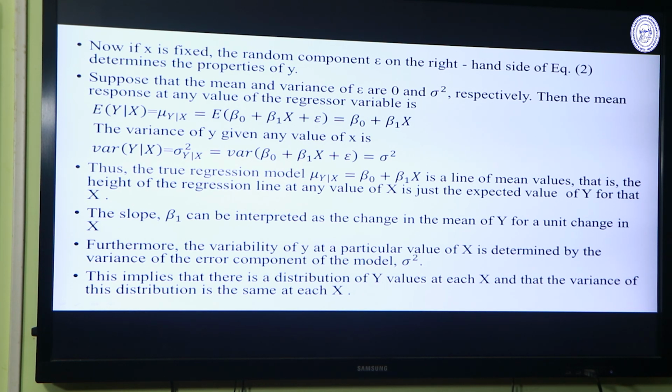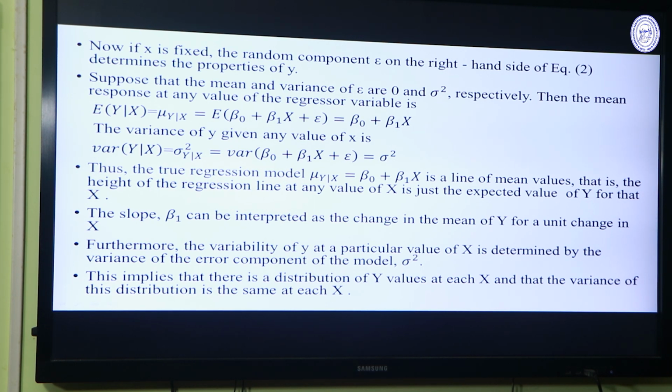So, to know about the distribution of any variable, we would like to find out the mean and the variance of that variable. Those are the two things of our concern. So, obviously, we would like to find out the mean value and variance of y.